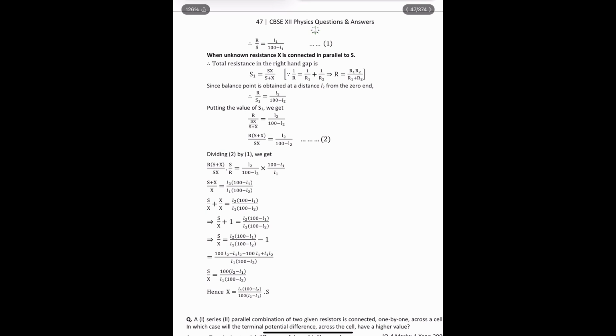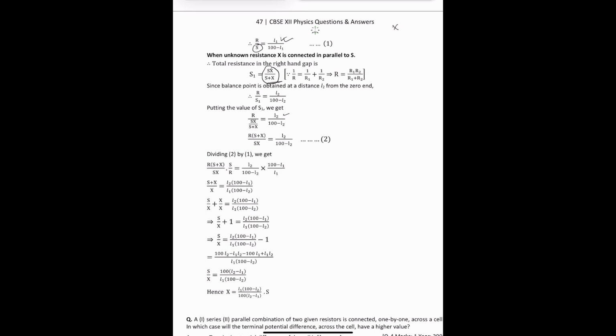So my resistance S, this resistance is changed to SX by S plus X. Now the balance point is also shifted. Earlier when there was no resistance X parallel to S, the balance length was L1. Now the balance length is L2. So in place of S we will put S1, S1 meaning SX by S plus X. So now we have another equation.